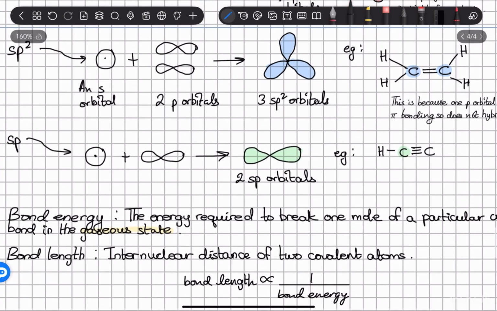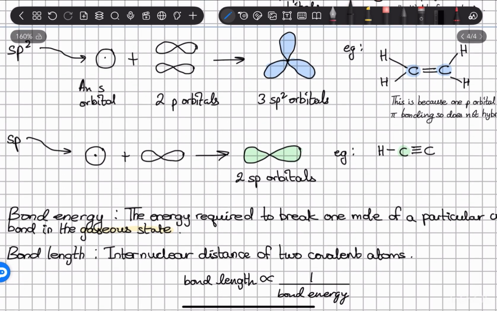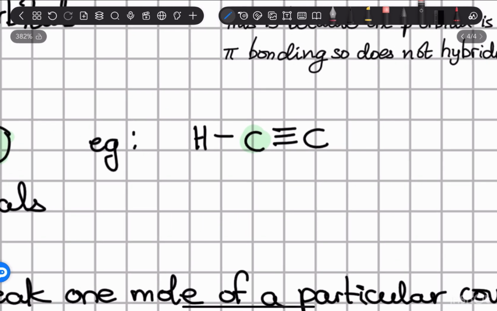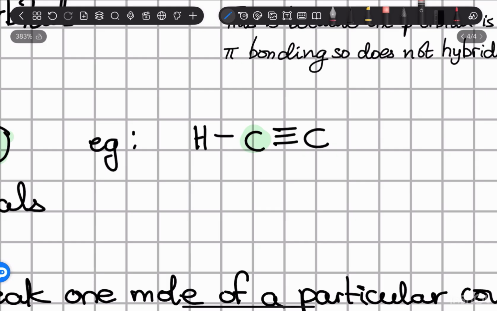And then the sp. So sp is essentially one s orbital, one p orbital, any one of them, and they form two sp orbitals. These two sp orbitals combine with an s orbital from the hydrogen to form a sigma bond, and a p orbital from the carbon to form a sigma bond as well.